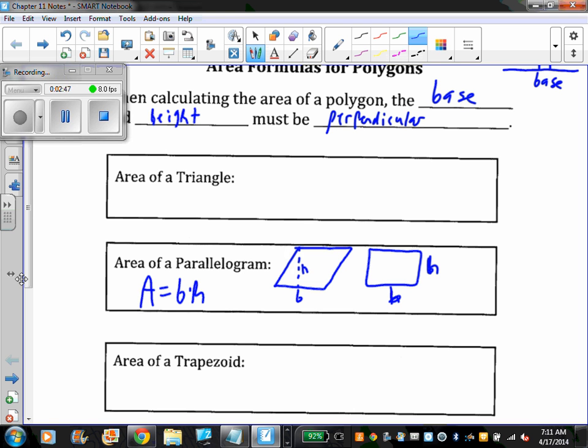The reason I did parallelogram before I did triangle is because, and this is easiest to see with a rectangle, if I start out with a rectangle whose area is base times height, if I were to cut that rectangle in half, notice that I formed two separate triangles of the same size.